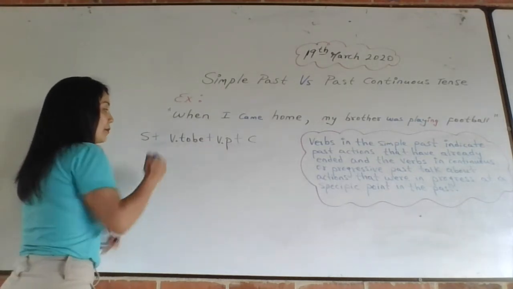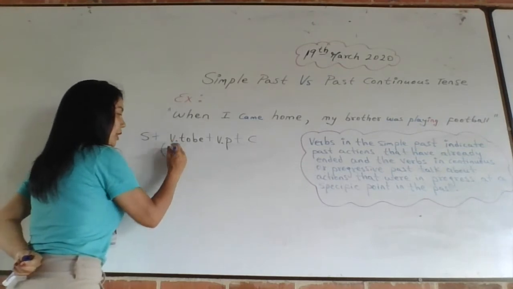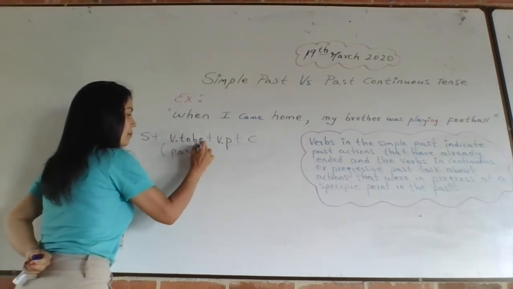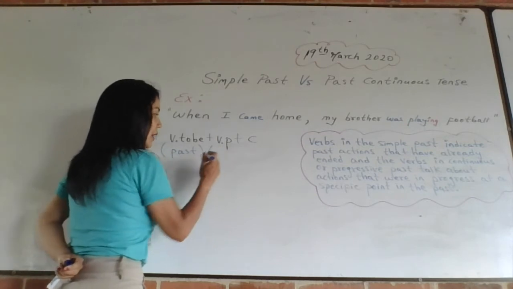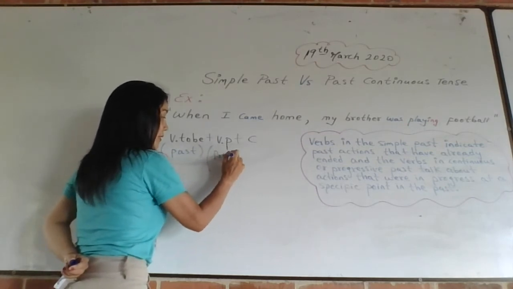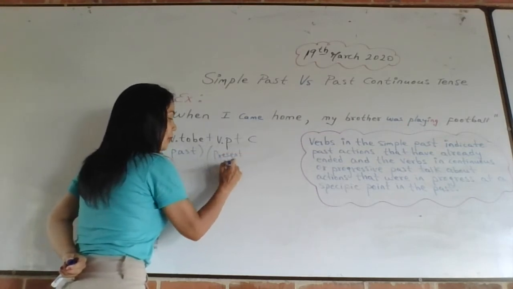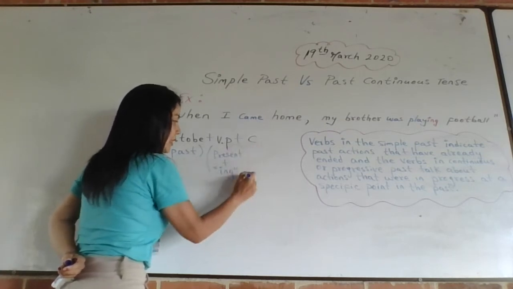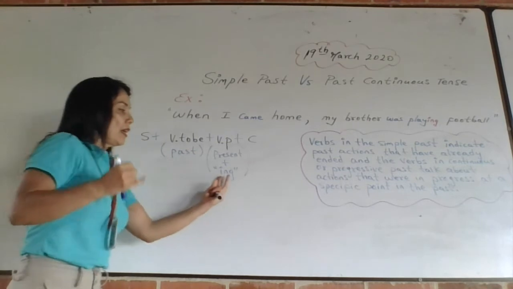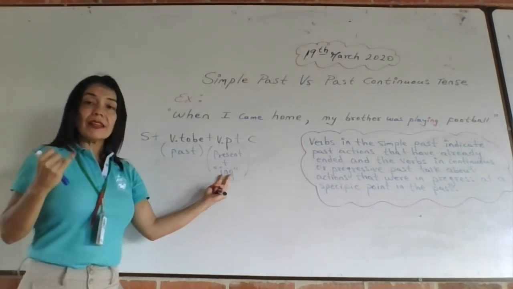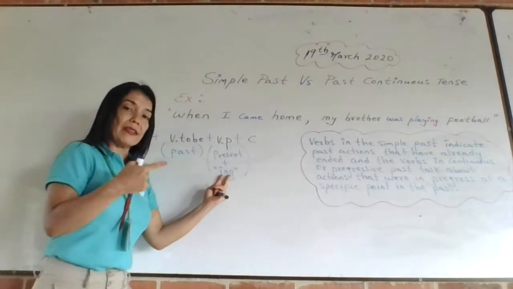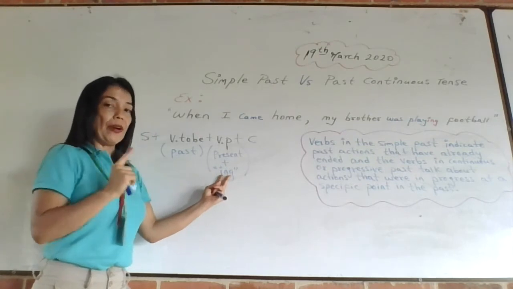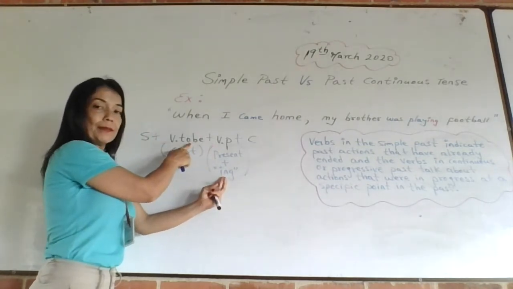The verb to be is going to be in past tense, and the main verb is going to be in present plus the gerund. Do you remember about the gerund? The gerund is the letters that you have to use at the end of the verb if the verb is preceded by the verb to be.